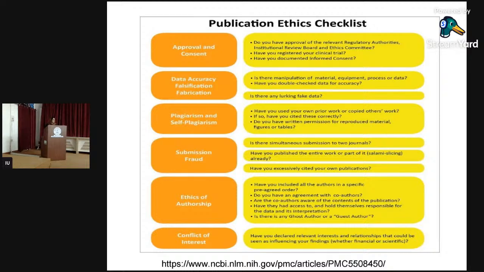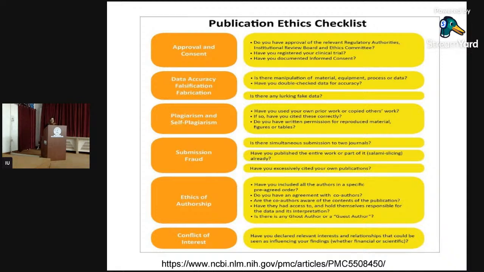Who can be an author on your study? Right. Somebody who has conceptualized, somebody who has executed the work, a person who may have helped you in analyzing the data and writing the work. Drafting of the manuscript will be done by all the people, so they can be authors on a particular paper.